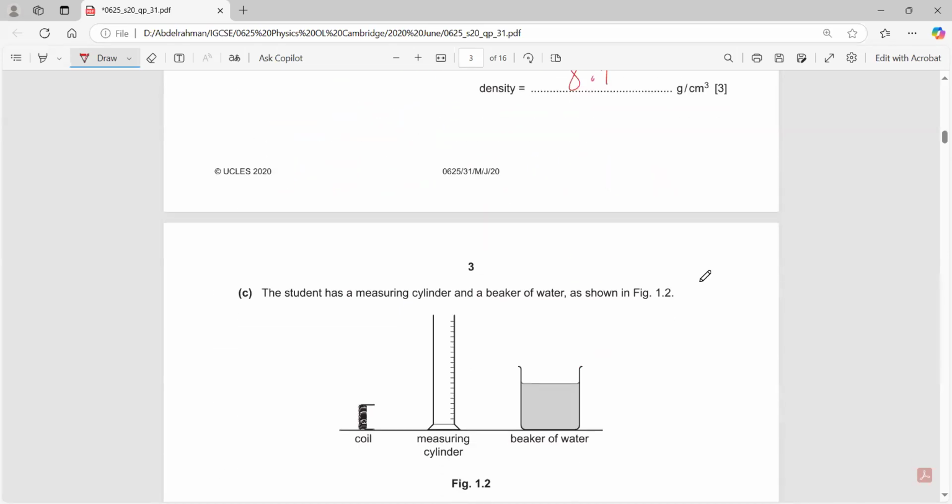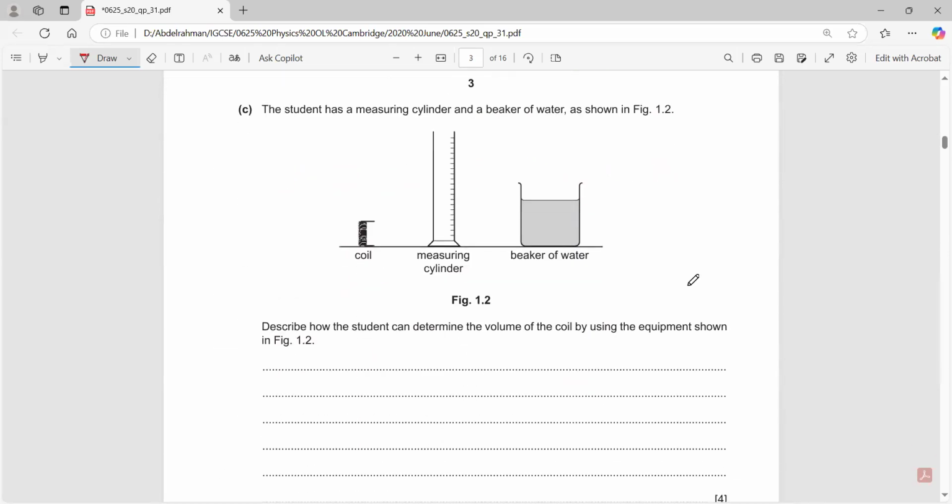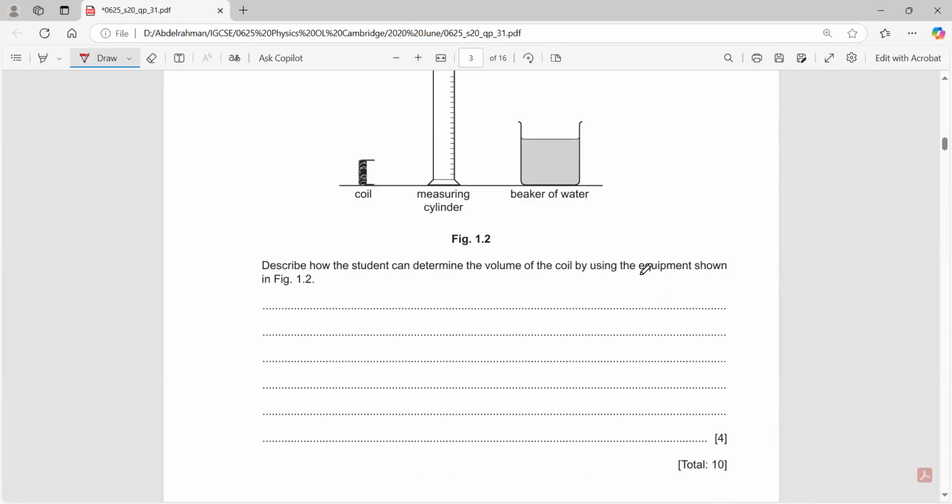Next question. The student has a measuring cylinder and a beaker of water as shown. Describe how the student can determine the volume of the coil using the equipment shown in figure 1.2. So we have a measuring cylinder, some water, and the coil. All we need to do is add water to the measuring cylinder.